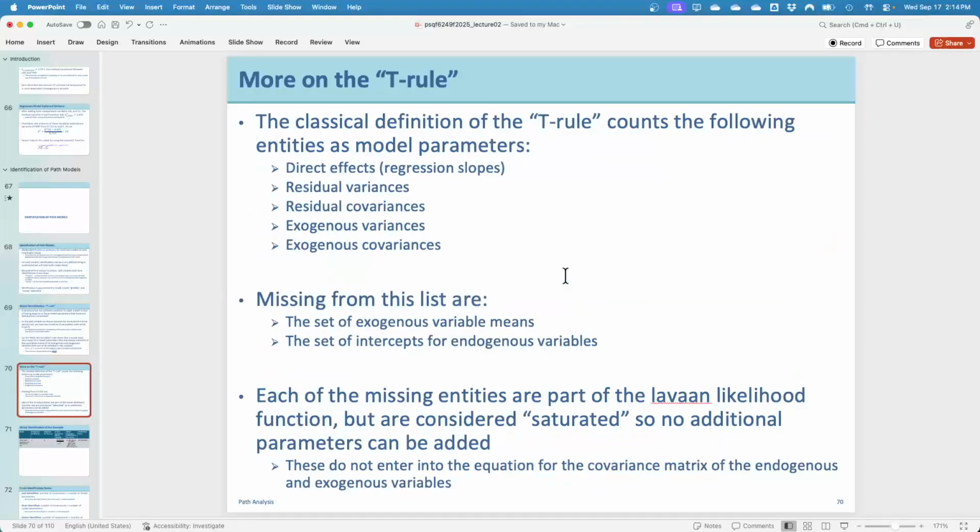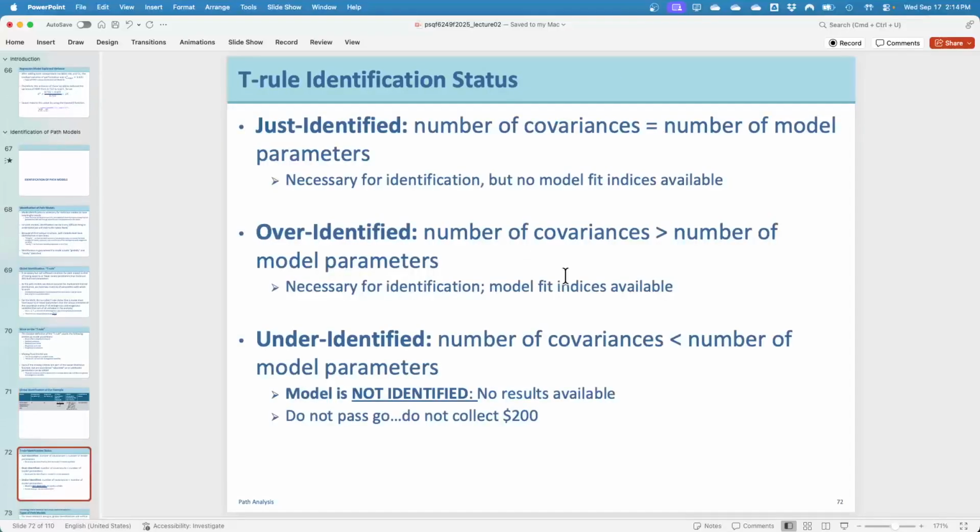There are different distinctions of identification. These do follow with us to structural equation modeling or factor analysis. A just identified model means you have exactly the number of covariances in your saturated model as you have parameters in your specific model.